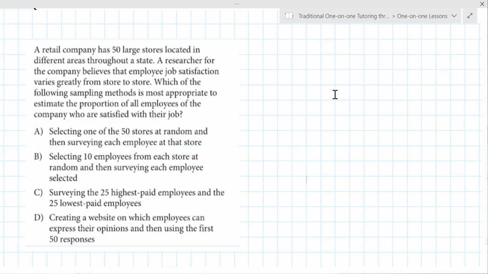Selecting 10 employees from each store. In each case surveying the 25 highest paid and the 25 lowest paid. Any website on which employees express their opinions and then using the first 50 responses. I'd say B. You would be correct.